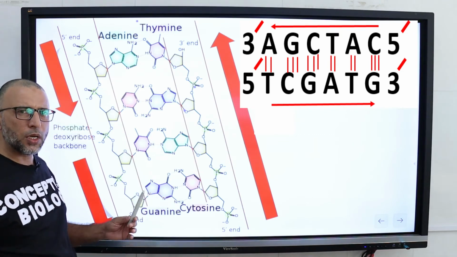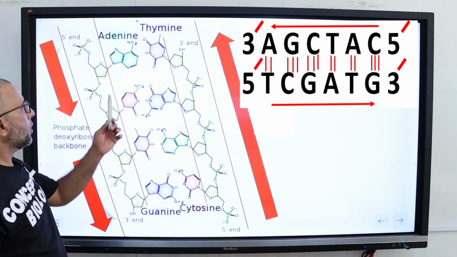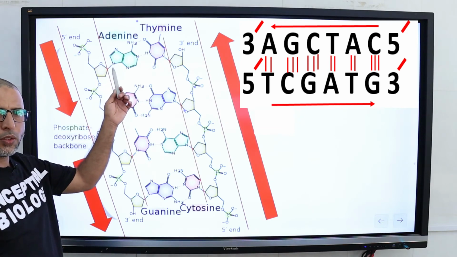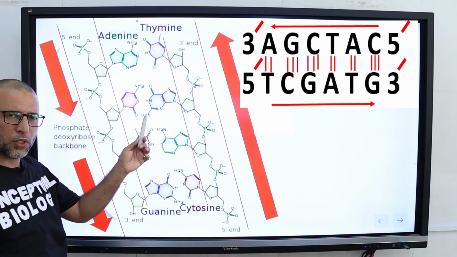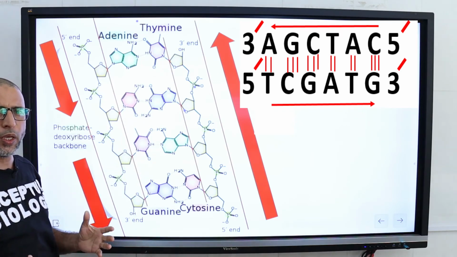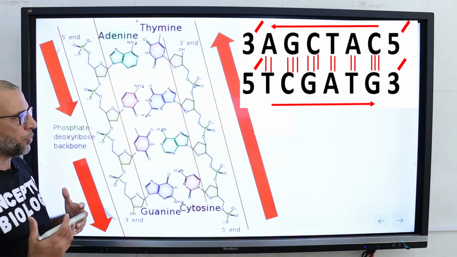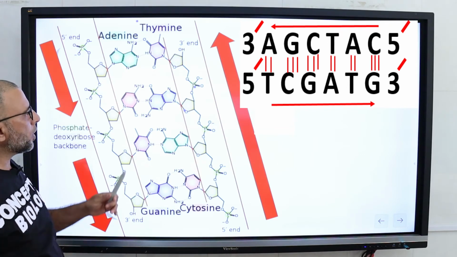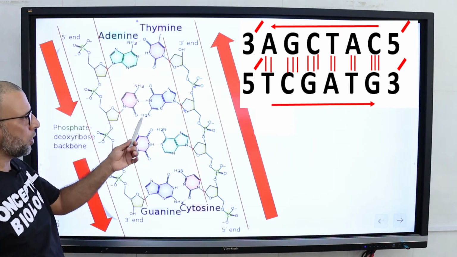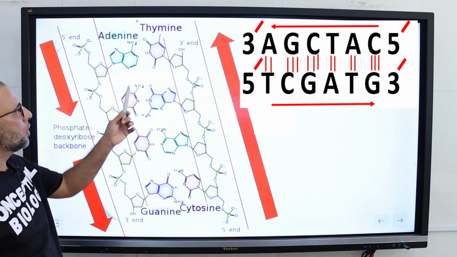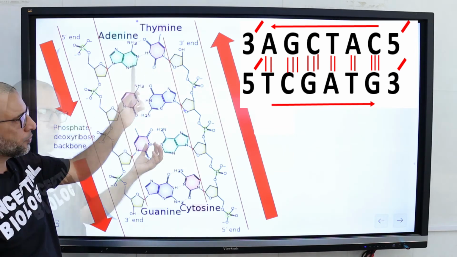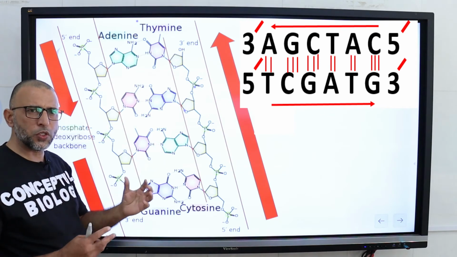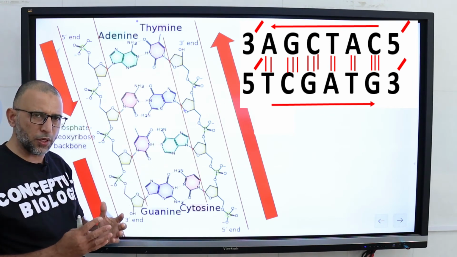Further examination of the model indicates that adenine nucleotide can pair with thymine and guanine is paired with cytosine in such a way that hydrogen bonds form between them. There are 3 hydrogen bonds between guanine and cytosine and 2 hydrogen bonds between adenine and thymine. Hydrogen bonding contributes to the specificity of base pairing.